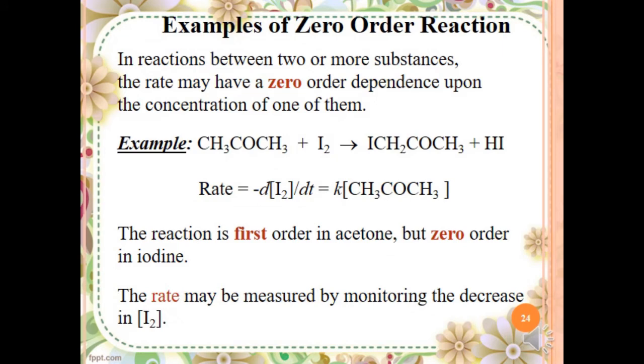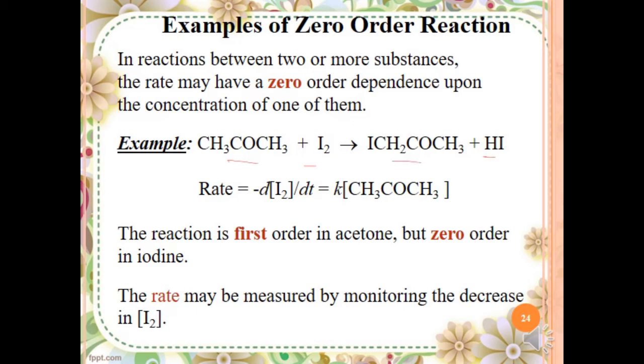This is an example of a zero order reaction involving two or more substances or reactants, and the rate will have zero order dependence upon one of the reactant concentrations. For example, the reaction between acetone and iodine producing iodoacetone and hydrogen iodide.